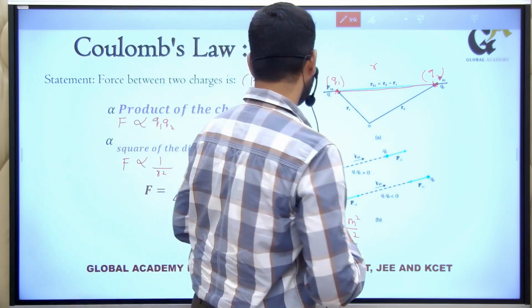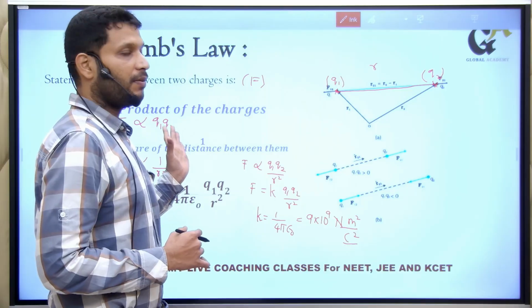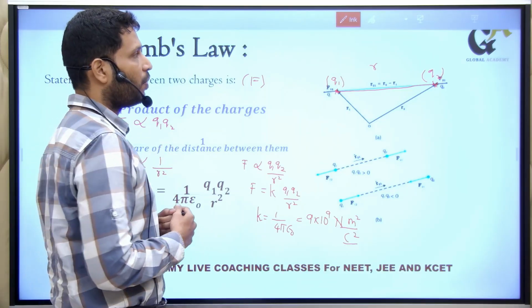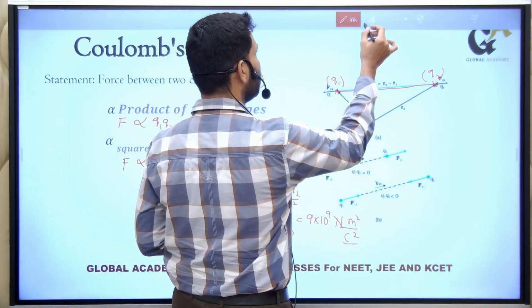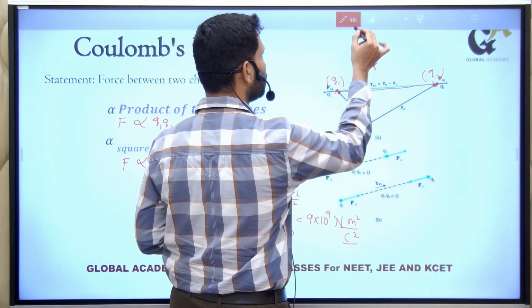Okay, so now to write this law in the vector format, it is necessary to know the direction of the vectors.